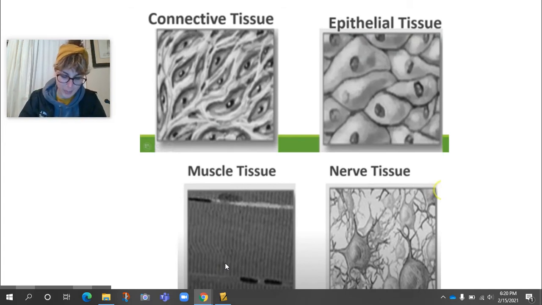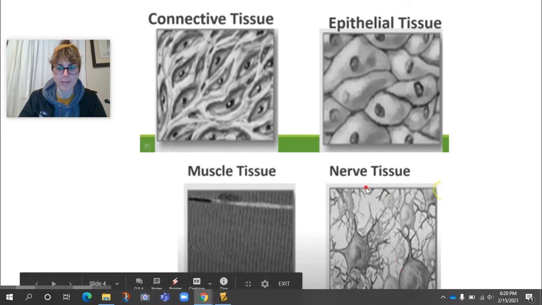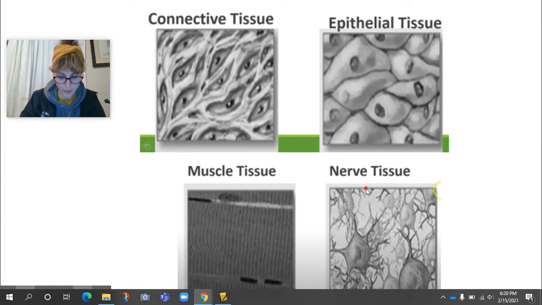Then finally, we have nerve tissue, made of a collection of many neurons or single nerve cells. And each tissue can be recognized based on their structure and shape. Connective tissue looks very different than epithelial tissue, and they have totally different functions. Their structure is different and their function is different.